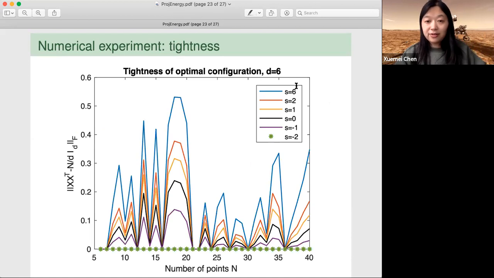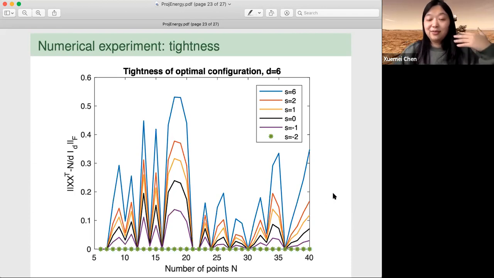Okay, so I tried all these different values of S, and there's no doubt that the frame potential, which corresponds to S equals -2, gives the tightest frame, and that is proven pretty much by definition. And then you have other values of S. So yes, smaller values of S is better.